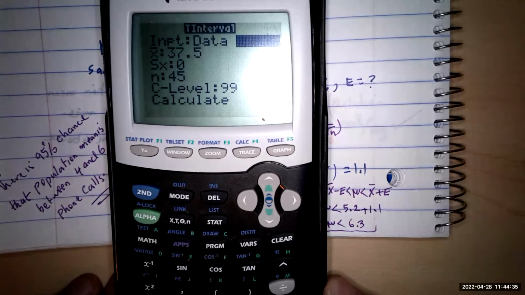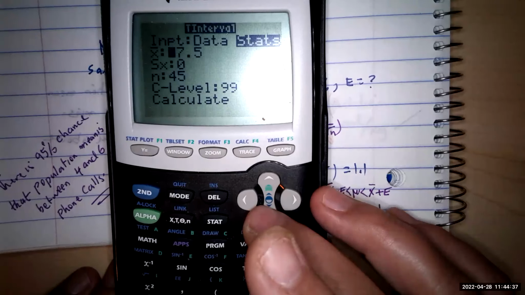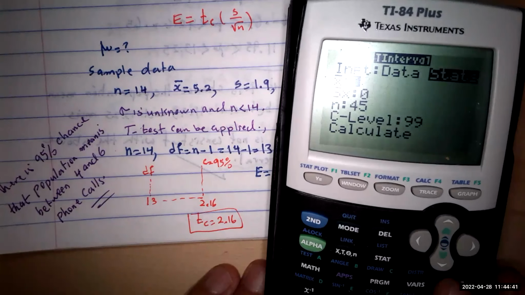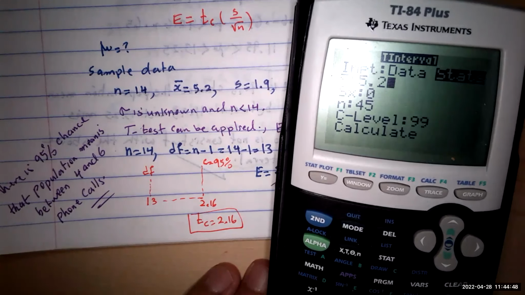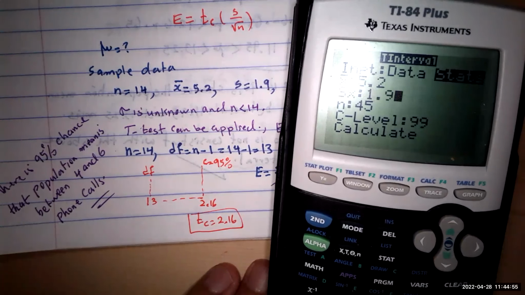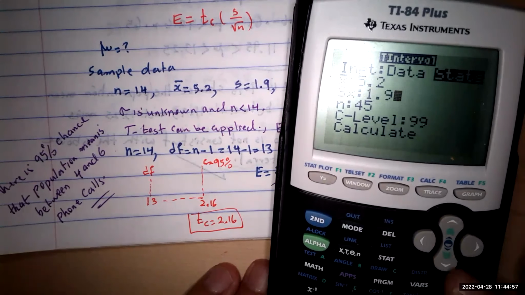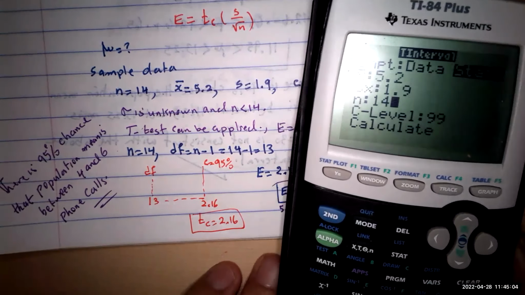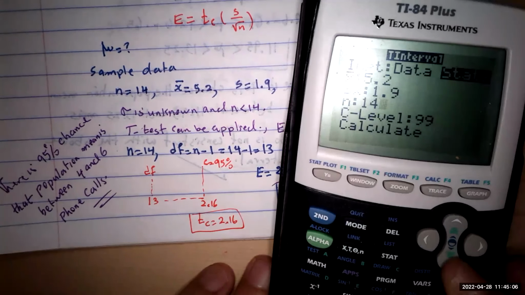They ask you for the statistics. Statistics would be the mean. X bar is 5.2. So that would be 5.2. Then S is 1.9. Then the sample size of 14. The level is 95.